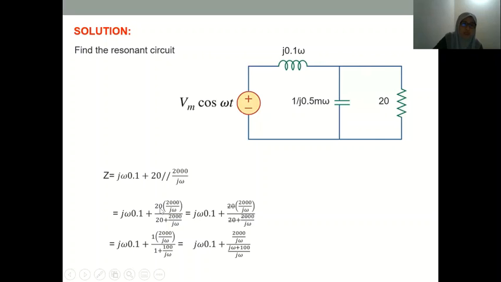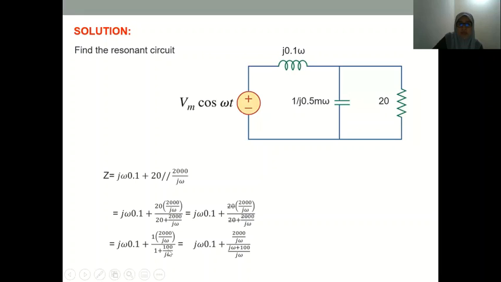You will get 20 times 2000 divided by j omega, divided by 20 plus 2000 divided by j omega. This is how to get the equivalent parallel impedance here.